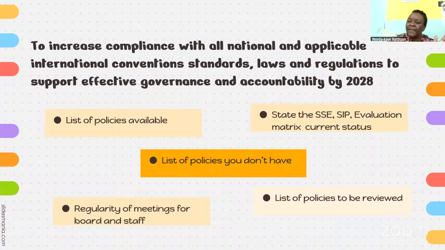This is where you examine your school board and the functionality of them. Where do you see your school board in the next 3 years? How you're going to work on the school board to be more involved in the school, things like those. This is where you plug those goals and targets. Look at your SSC, your SIP, your evaluation matrix.